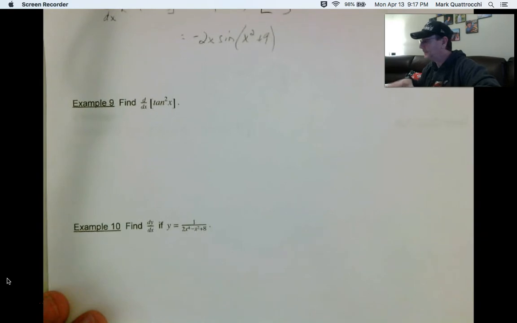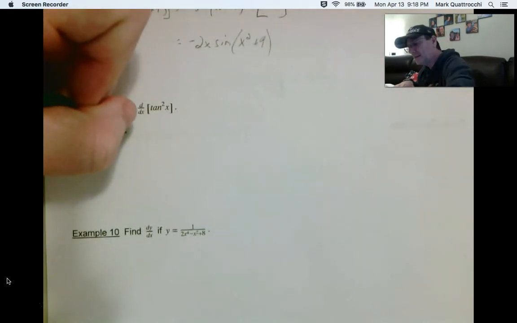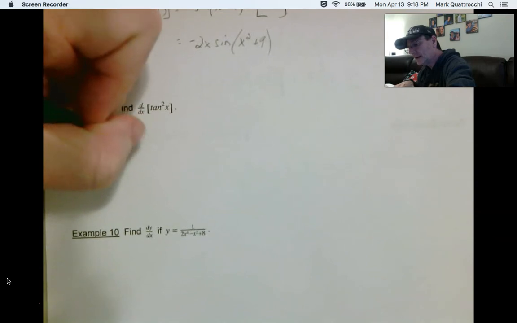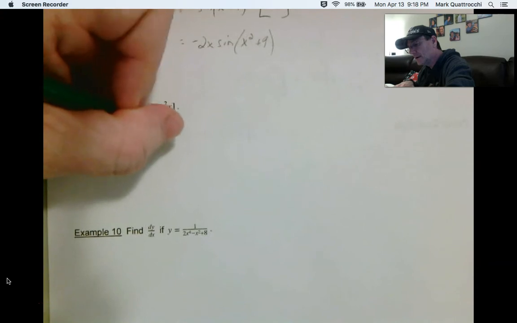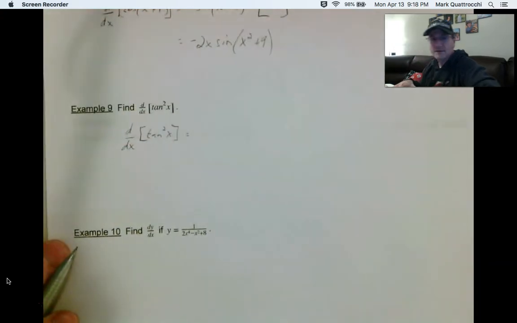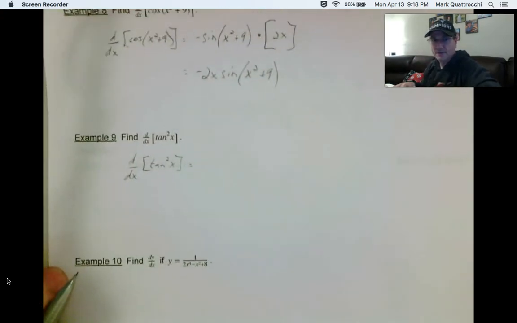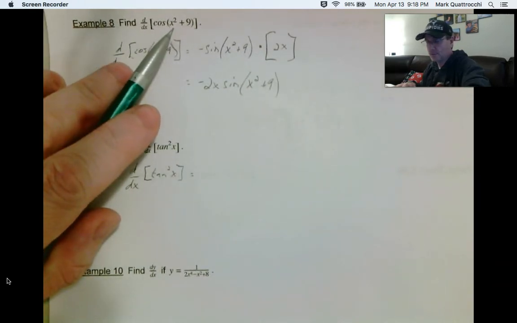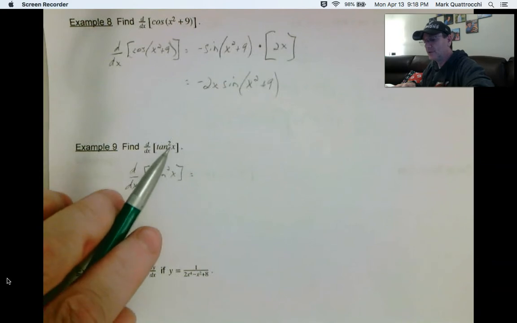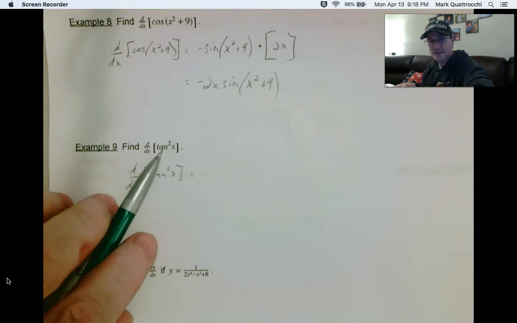Example 9. Let's do it the same way. The derivative of tangent squared x equals. What's the outside function this time? In the previous problem the outside function was cosine and the inner function was x squared plus 9. This time the outer function is the power squared, and the inner function is the tangent.